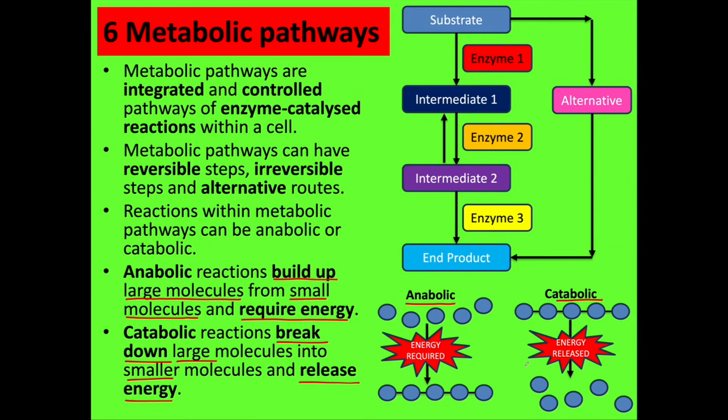If you think about anabolic a bit like the synthesis reactions we learned about at Nat 5, and catabolic like the degradation reactions that we learned at National 5 as well. Okay, so hopefully all of that makes sense. Metabolic pathways controlled by enzymes. We have reversible, irreversible, and alternative routes, and our reactions can either be anabolic or catabolic, and we need to know the difference between those two for our exam.